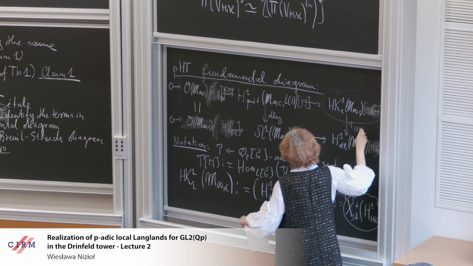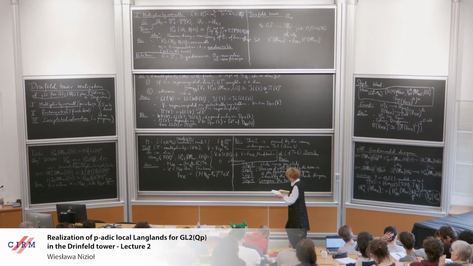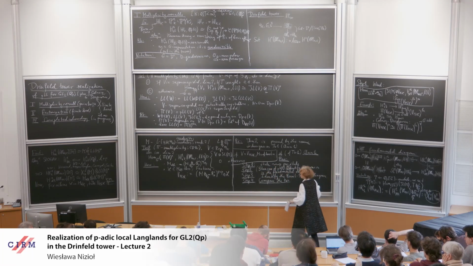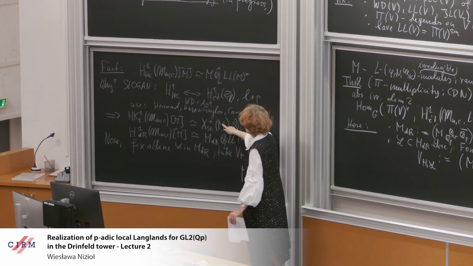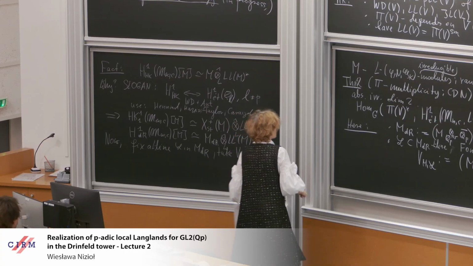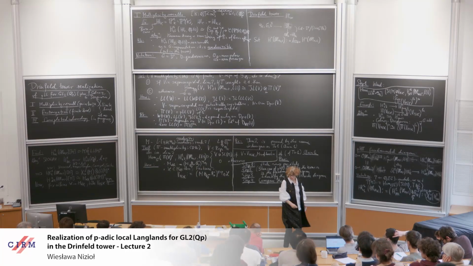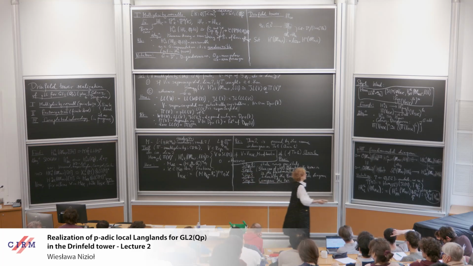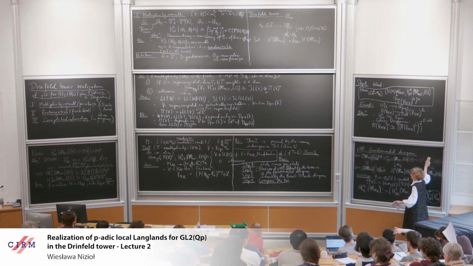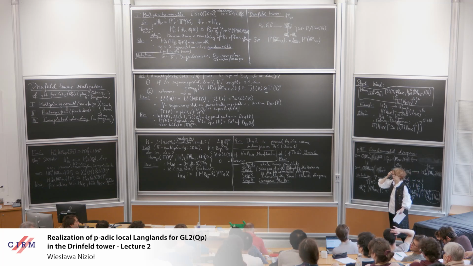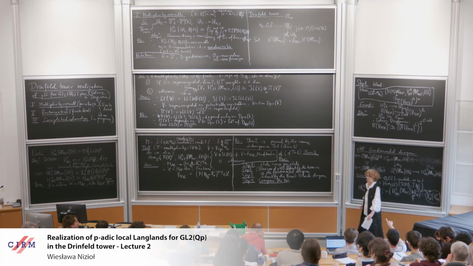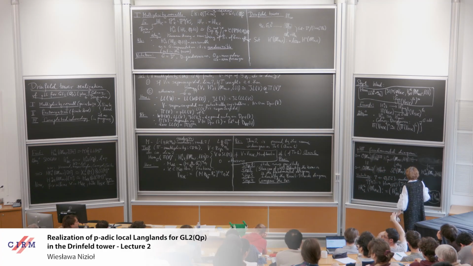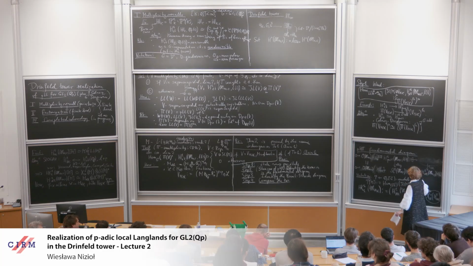So now we want to identify these two objects on the right. And now we know how to do that. I already have this object identified. If I specify this line, I am going to completely kill this object here. So I'm going to get just local Langlands here. You definitely need to know that it's exact.